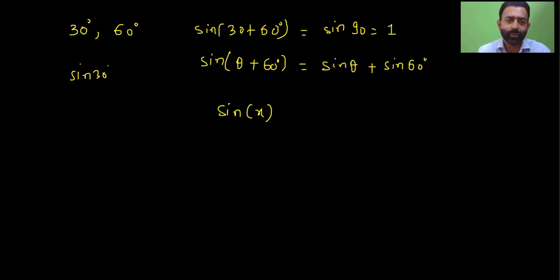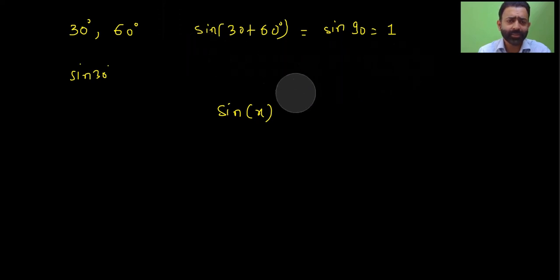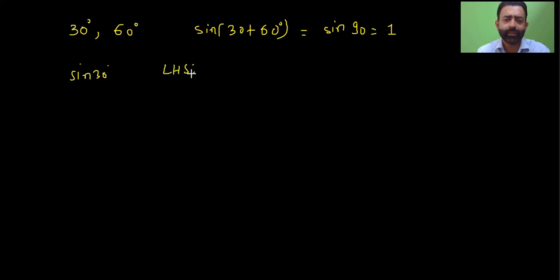Let us take the same case here, 30 and 60. So let us multiply this. I am taking the left hand side, sine 30 degrees plus sine 60 degrees. If you are multiplying this, sine 30 is 1 by 2 and sine 60 is root 3 over 2, which is basically root 3 plus 1 over 2.